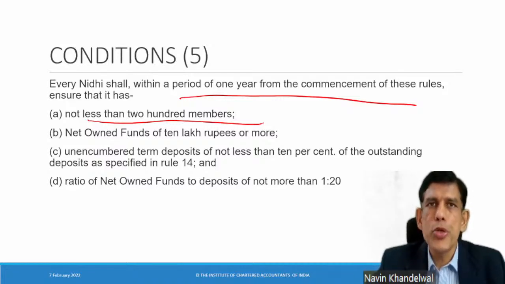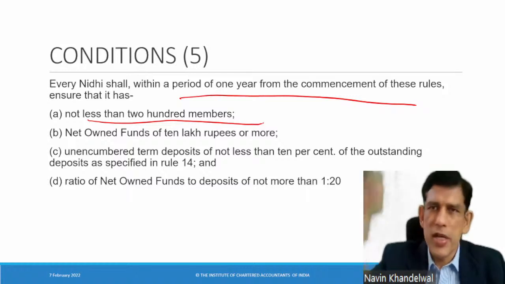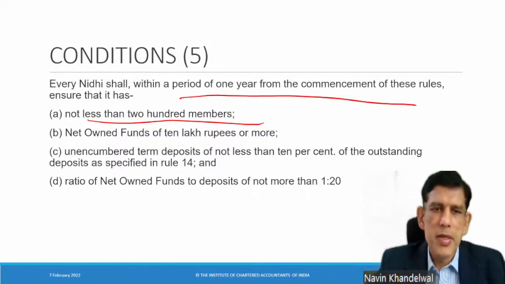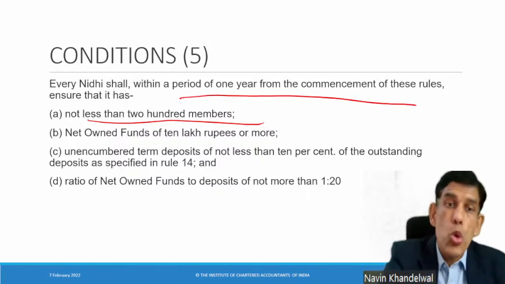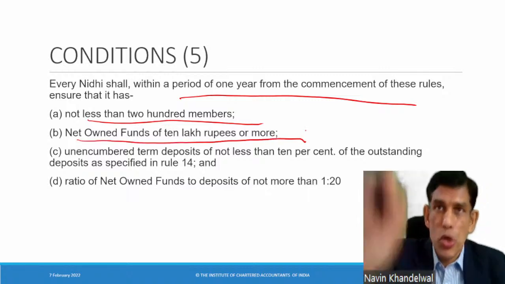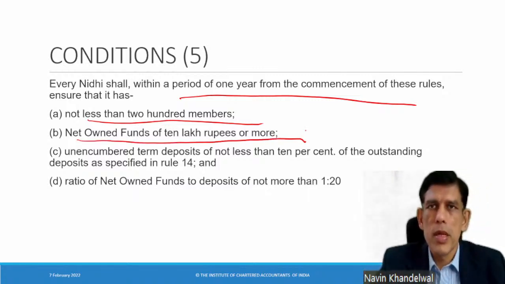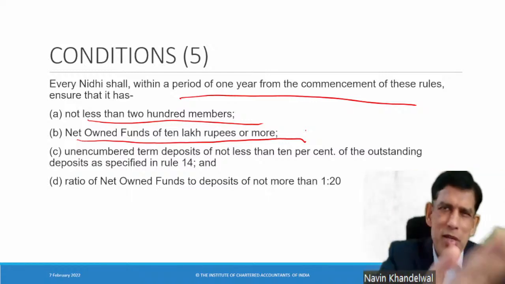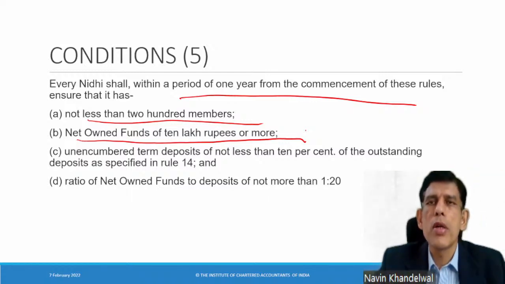So they need to increase the membership to 200 within 1 year. I think 200 is a very small number. And net owned funds of 10 lakh rupees or more. This is again an exam related point. So these are the conditions for a Nidhi company after being incorporated as a Nidhi company.